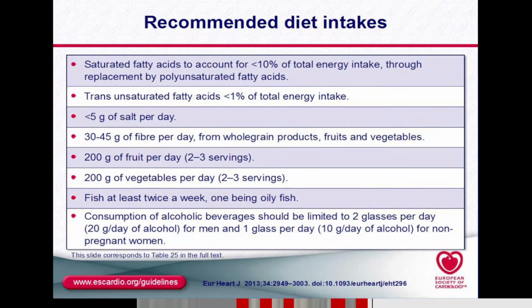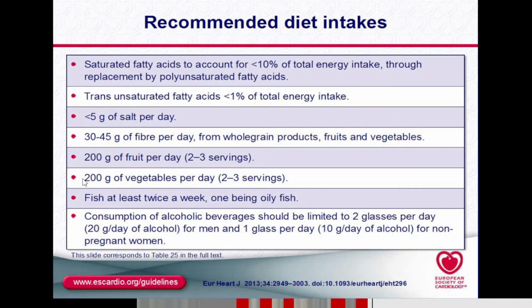What about the diet intakes? I think these rules are well known: saturated fatty acid to account for less than 10% of total energy intake through replacement by polyunsaturated fatty acid. Trans unsaturated fatty acid below 1% of total energy intake. Less than 5 grams of salt per day.